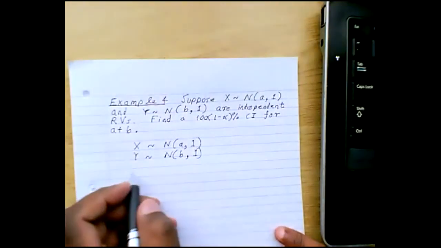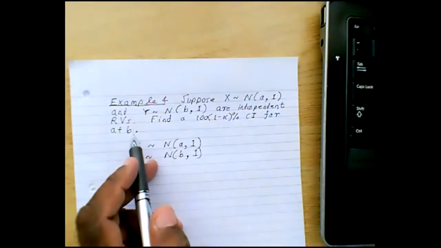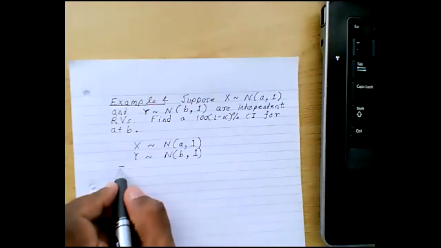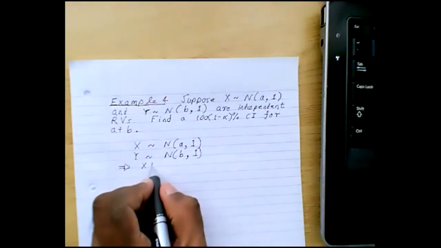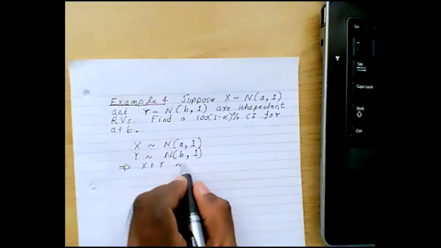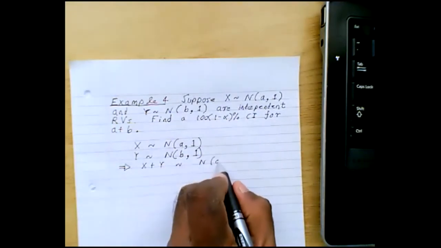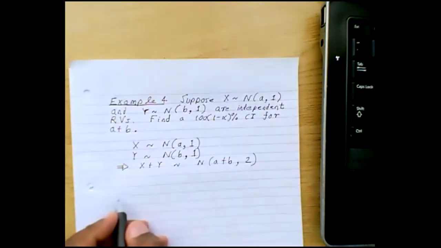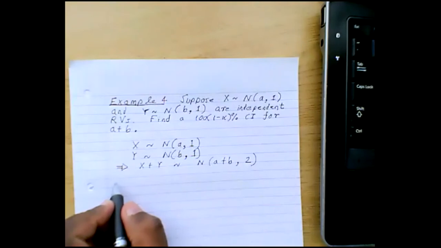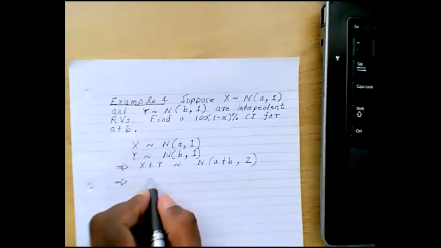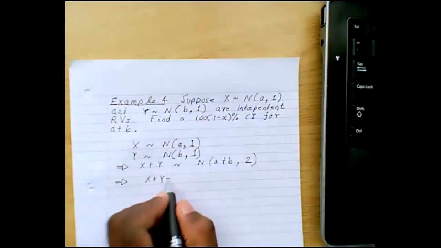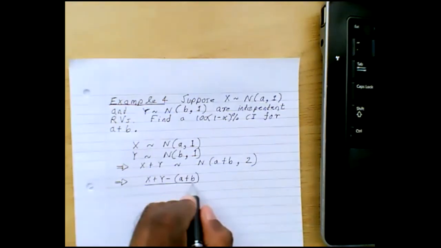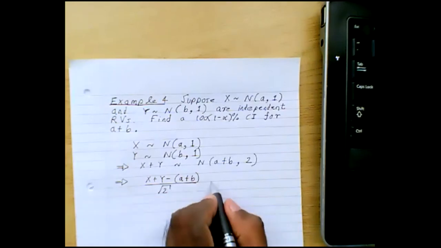Okay. Right. Okay. Can I continue with example 4, please? Okay. Example 4 is this one. So this implies that x plus y is normal with parameters a plus b and the variance equal to 2, right? Okay. So this implies that x plus y take away a plus b divided by the square root of 2 is standard normal.